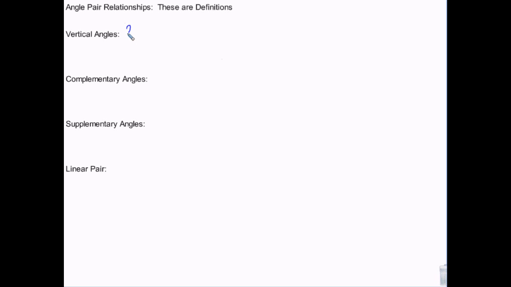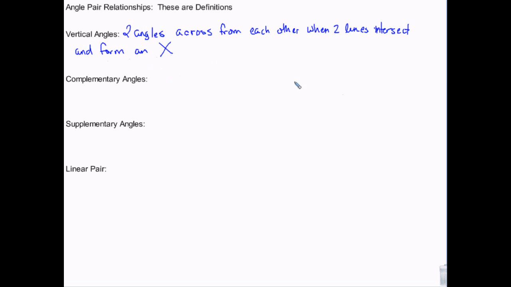So the vertical angles are two angles across from each other when two lines intersect, and form an X. What we know about vertical angles is that they're congruent.